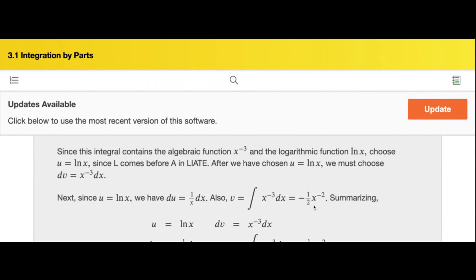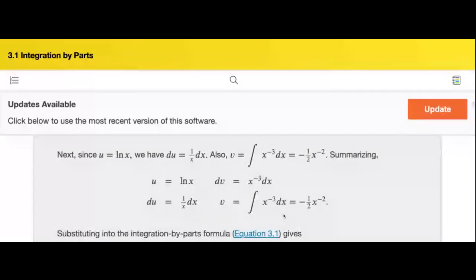So v equals -½ x raised to -2. Now we have these four members: u equals ln x, du equals 1 over x dx, dv equals x raised to -3 dx, and v equals -½ x raised to -2.